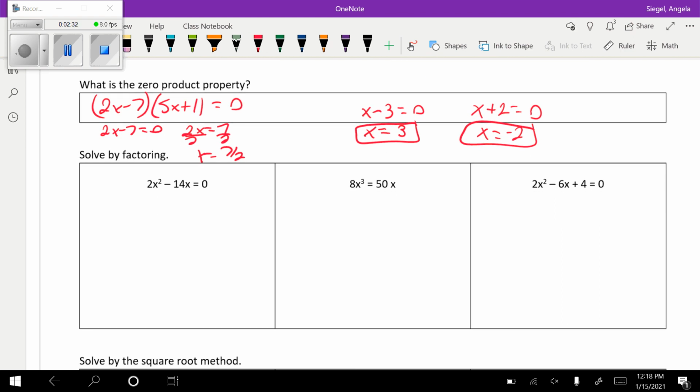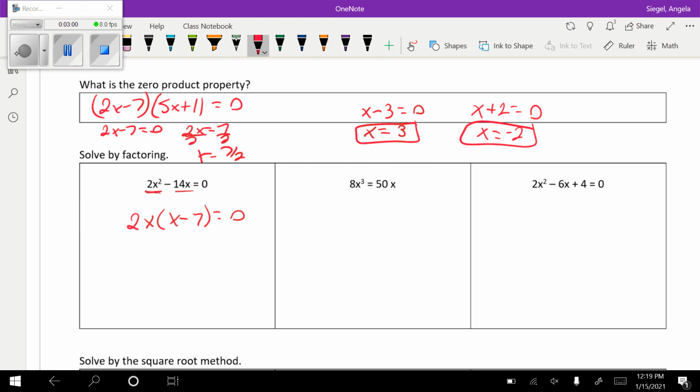Okay, so we are going to start off with the first one and solve by factoring. So the first thing that you're going to do anytime, like we talked about before, is to factor out a GCF. So the first thing I notice about this is that they have a 2x in common. So if I factor out a 2x, I'll have x minus 7 left over.